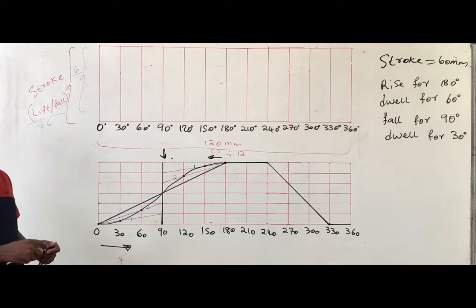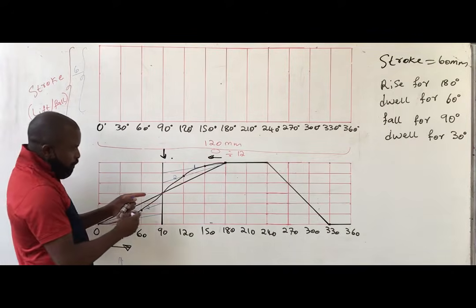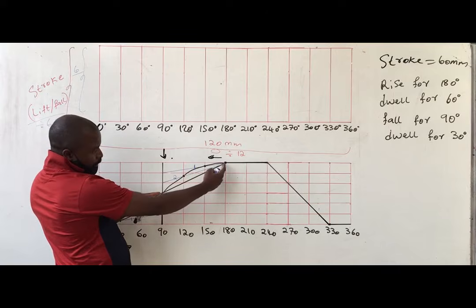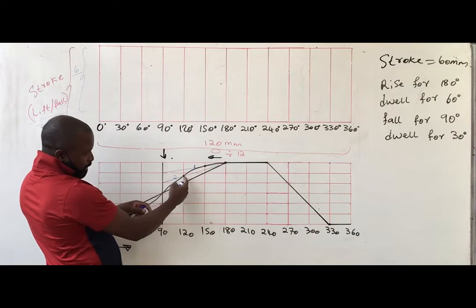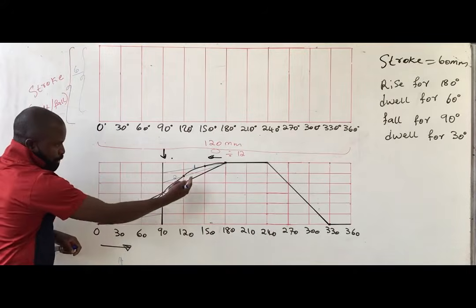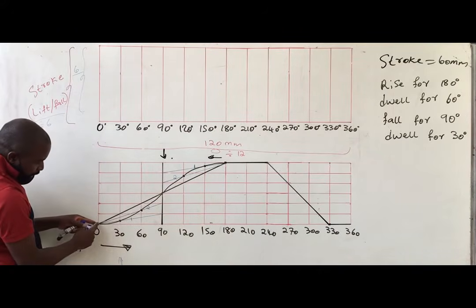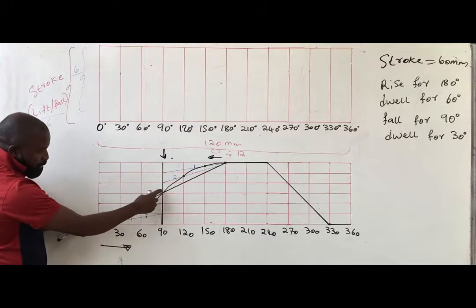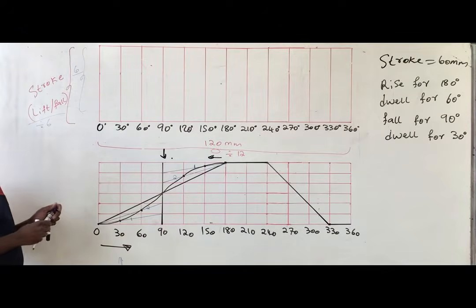If you are using a flexi curve, make sure that your flexi curve touches this point, this point, this point, and that point. Then you draw the curve. After drawing that curve, you again touch this point, this point, this point, this point, you close the curve.